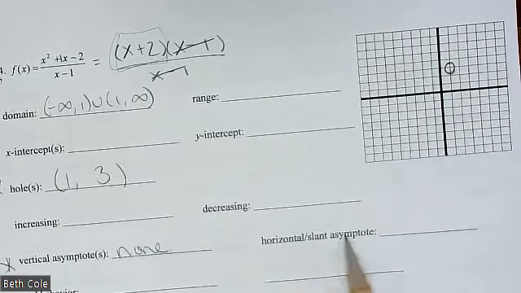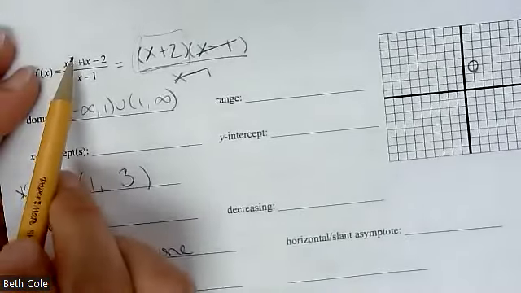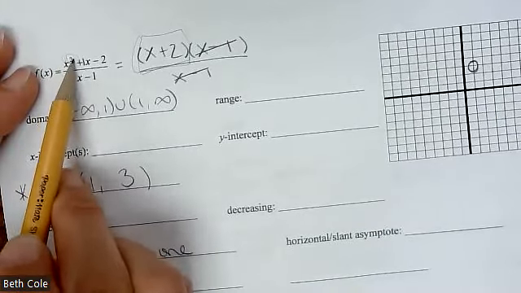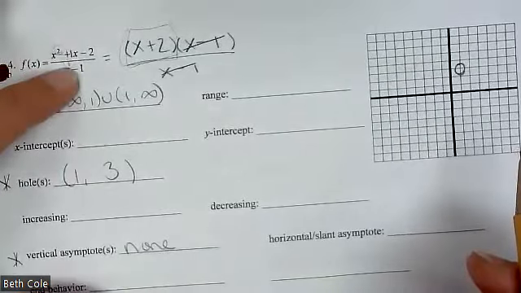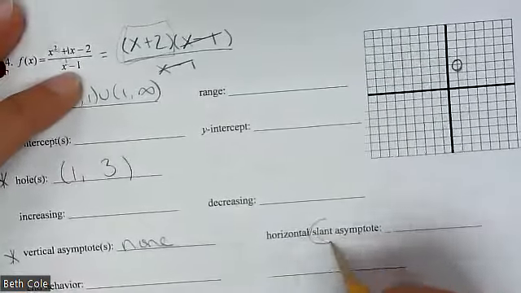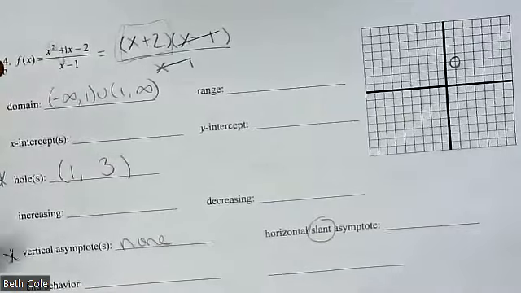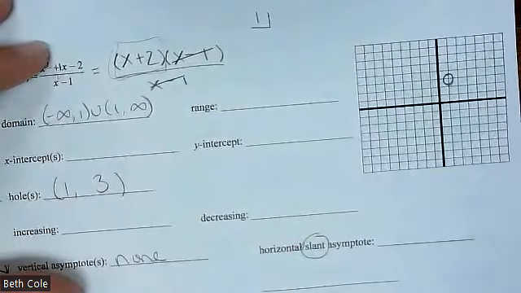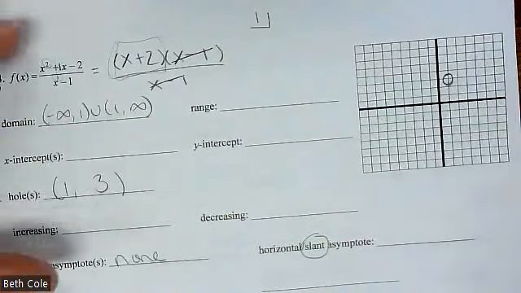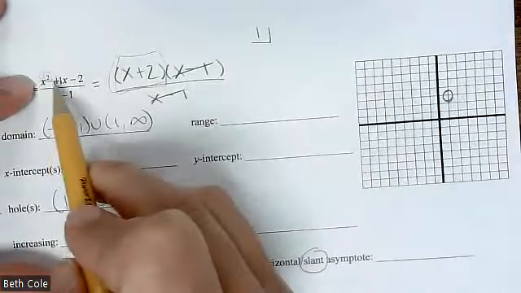All right, horizontal or slant asymptote, compare the powers. This one's squared. This one's to the first. Numerator's bigger. So use synthetic division. What number goes in the little box? 1 is your troublemaker. And you're going to take your coefficients.